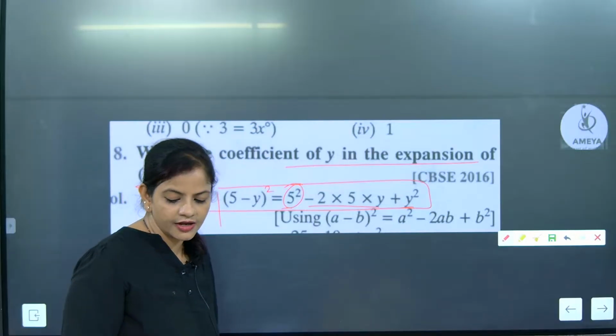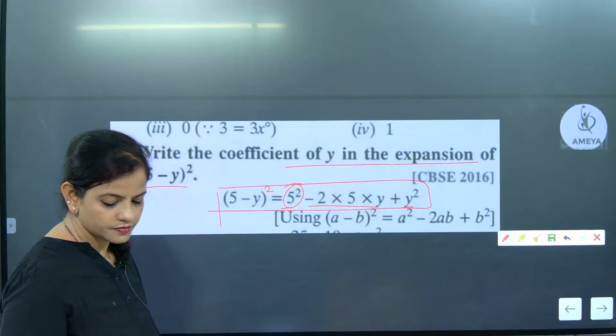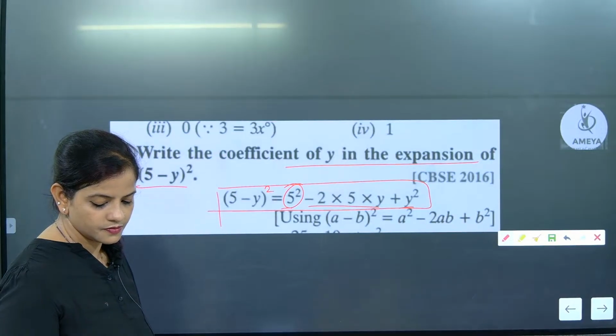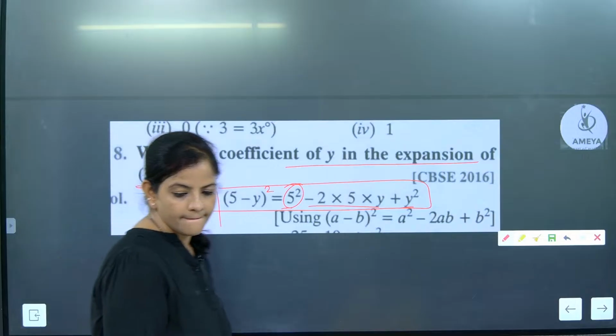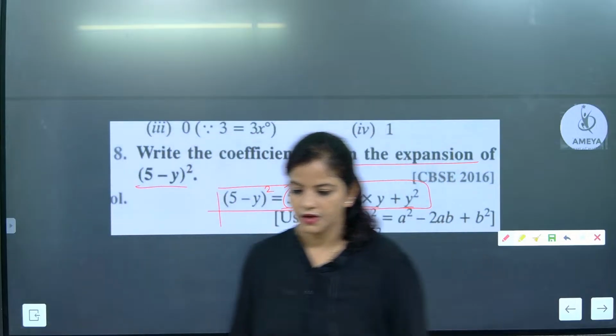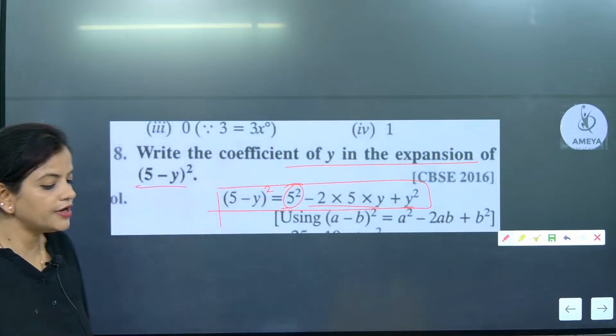Children, is the screen clear? Yeah, one time you leave and again join, it will be clear only.